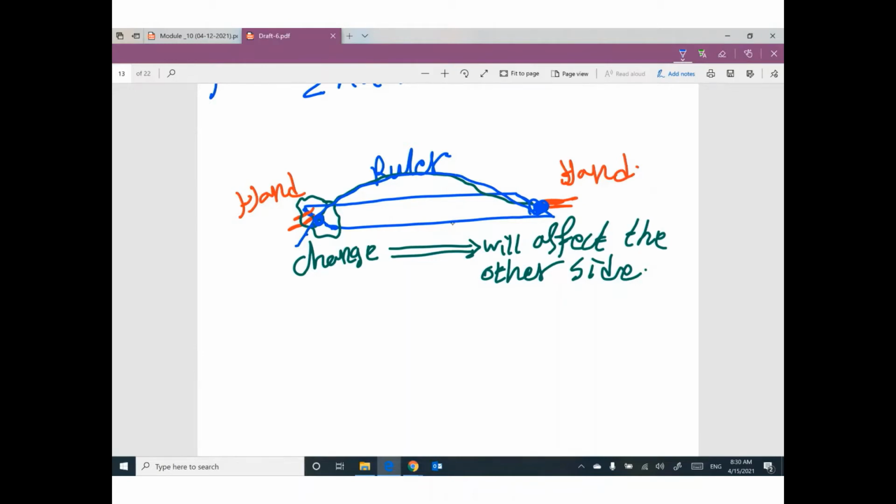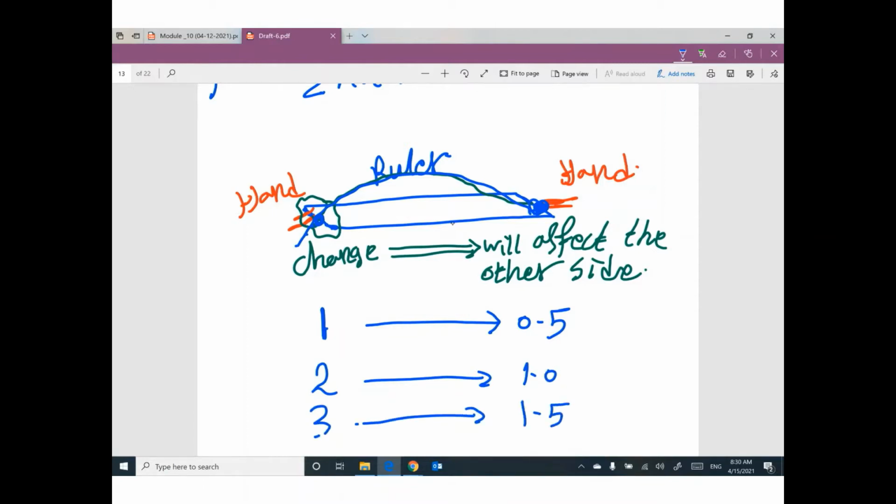If you did a value here 1, the effect on the other side will be half value. If you did effect here 2, the other side will be 1. If you did 3, the other side will be 1.5. So the effect on the other side will be half value, which you call carry over moment.